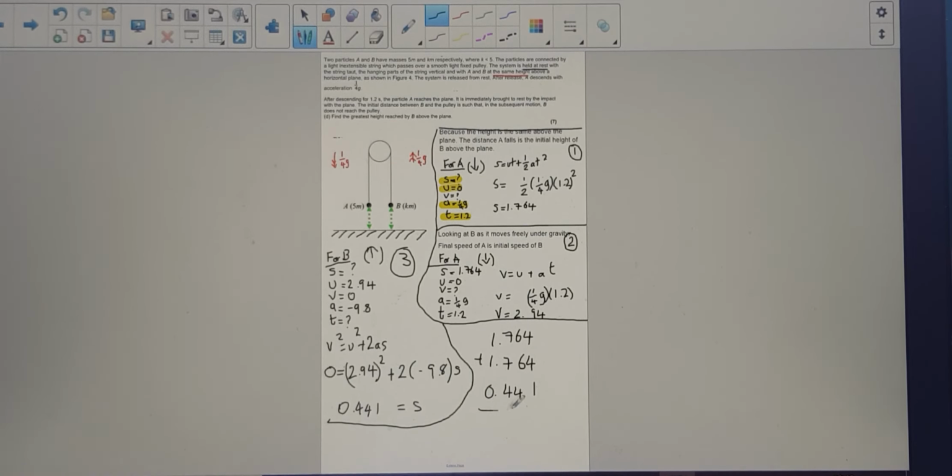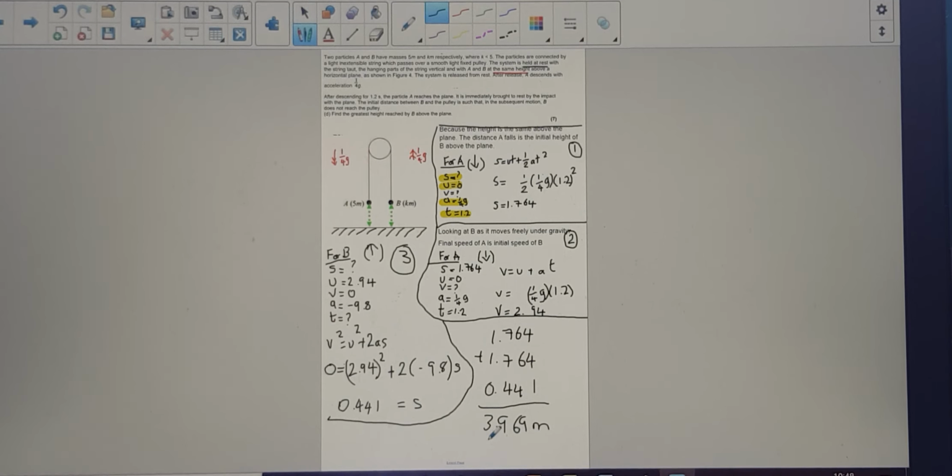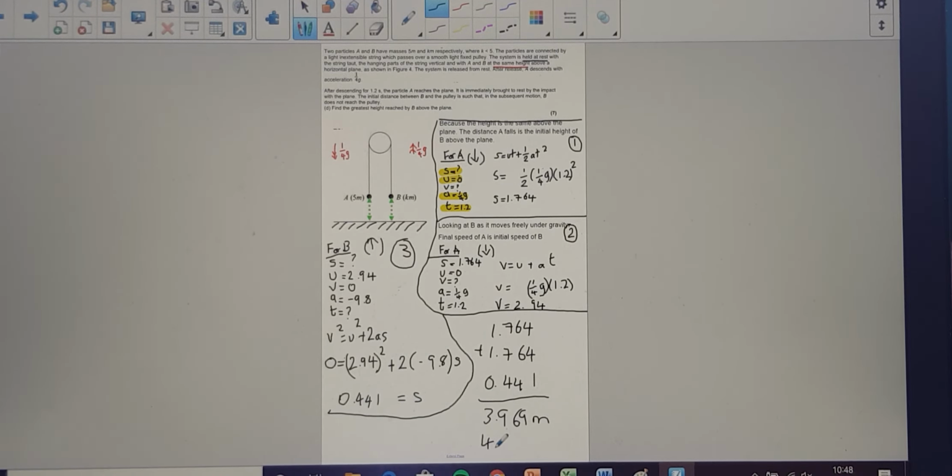Sum all those together and we get 3.969 meters, which to 3 significant figures would be 4.00 meters. So that's the final step.